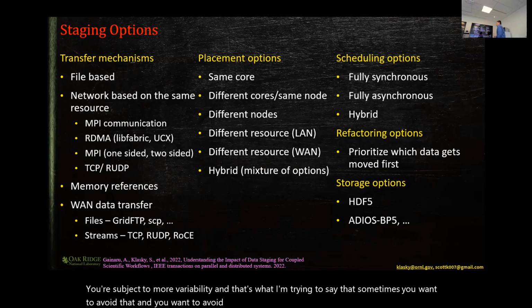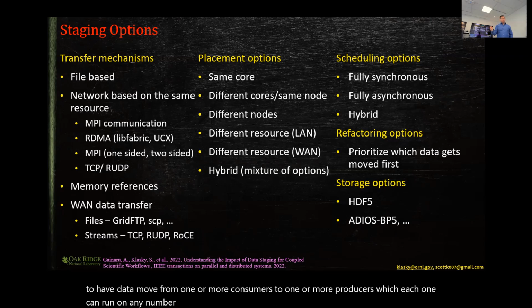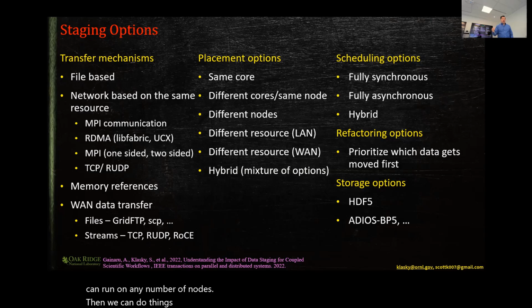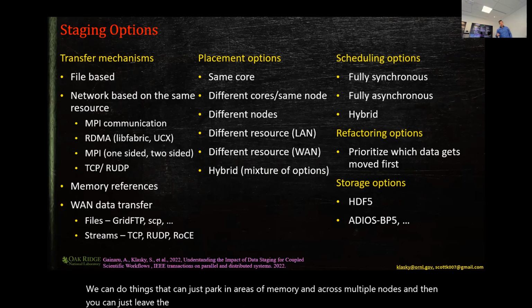But ADIOS has this option that if you're going to have data move from one or more producers to one or more consumers, which each can run on any number of nodes, then we can do things through files. Sometimes it's nice for persistence. We can also park data in areas of memory across multiple nodes, and just leave the data there for a while. Again, it's short-lived.